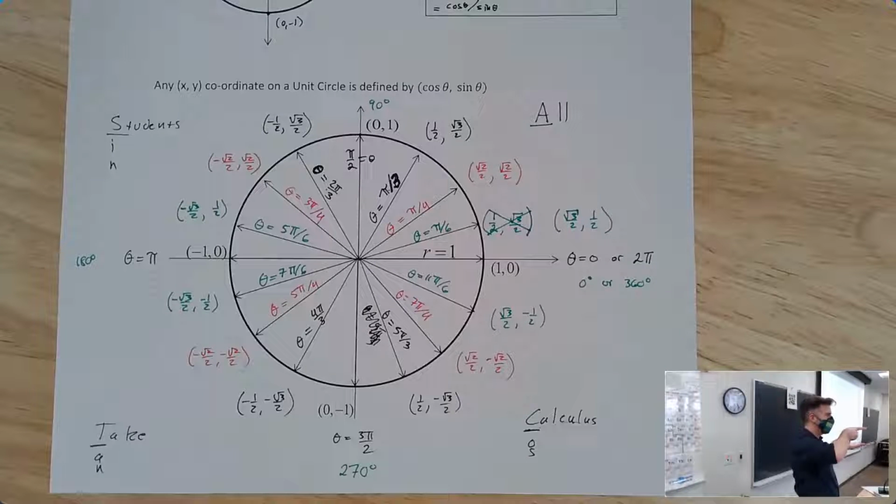How much more do I have left to do? Not much. 1/4 of pi, which is 1/4 of halfway around. So I'm going halfway around plus another 1/4 of halfway around, which keeps me in the third quadrant.